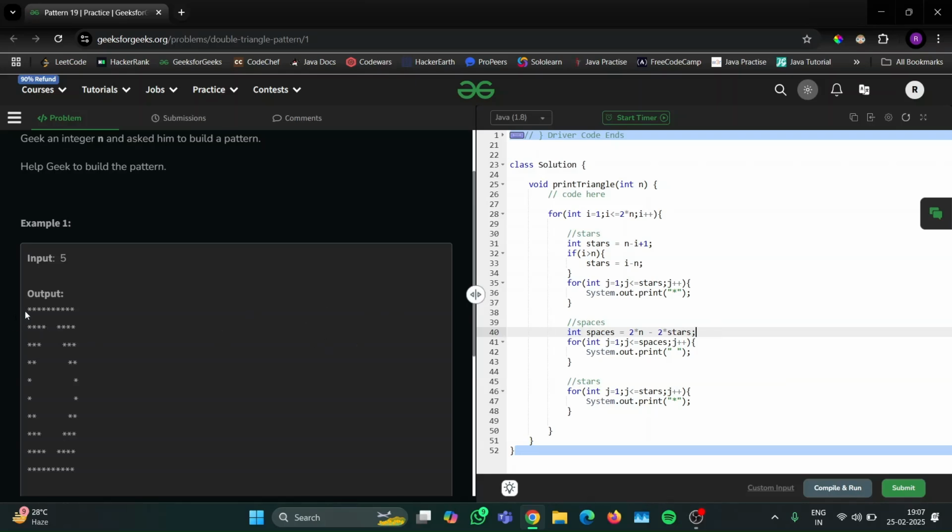The inner for loop always prints 2 into n times. Here it prints 10 stars, here it prints 4 stars, 2 spaces, 4 stars. Here it prints 3 stars, 4 spaces, 3 stars, and in the fourth row it prints 2 stars, sorry, 6 spaces, and again 2 stars.